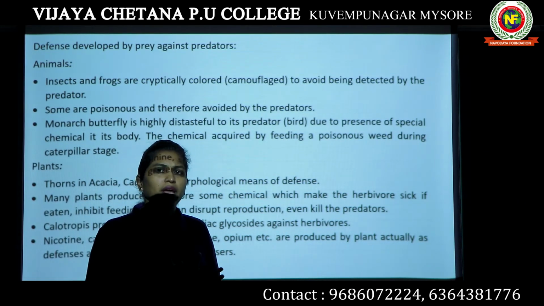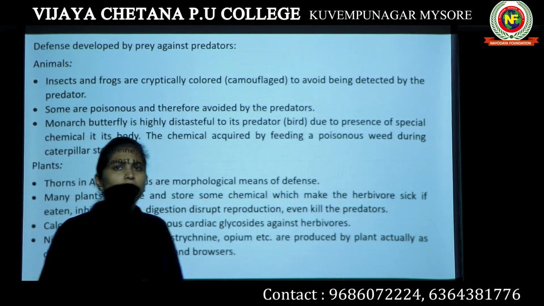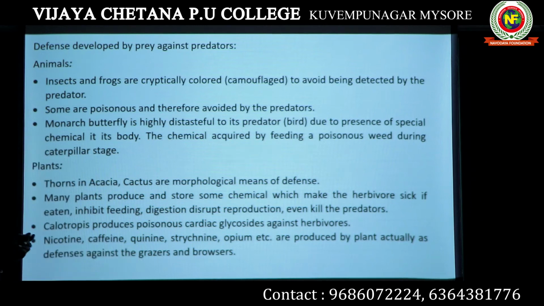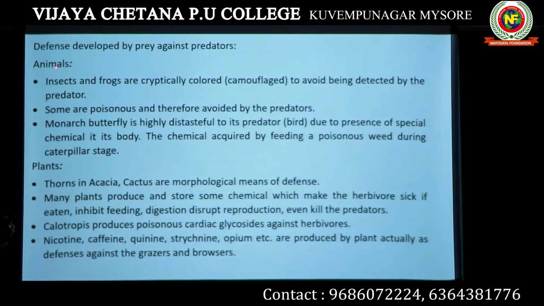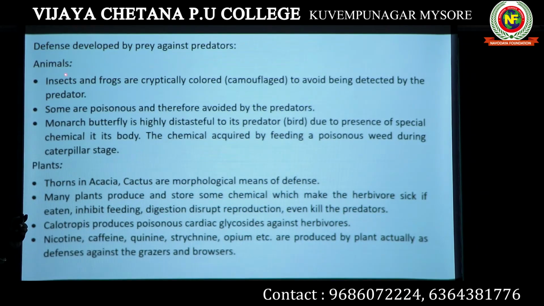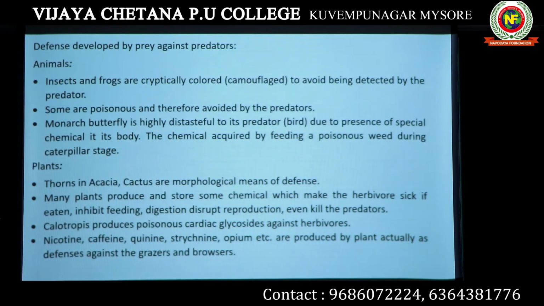Okay, how will prey protect themselves from predators? Here I have given certain examples. Let's take animals. How will the prey protect themselves from the predator? Insects and frogs are cryptically colored to avoid being detected by the predators.